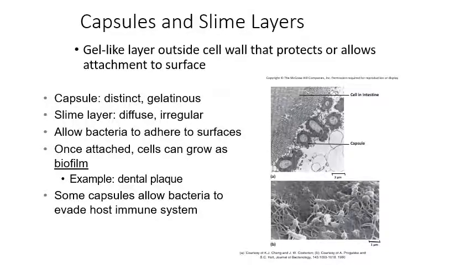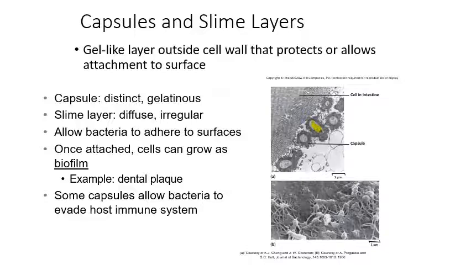All right, so let's talk about some more external structures: capsules and slime layers. This is a sticky layer that we find on the outside of some cells. If we look at some of these micrographs, we can see that we've got a cell. I'll highlight the inside of the cell here in yellow.